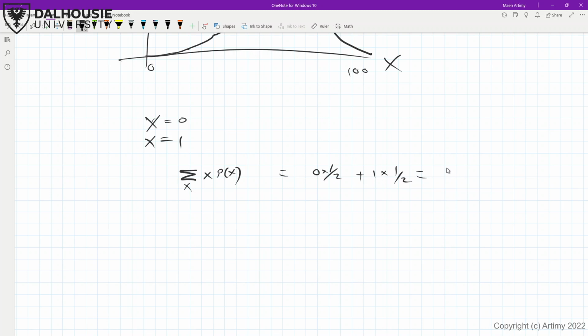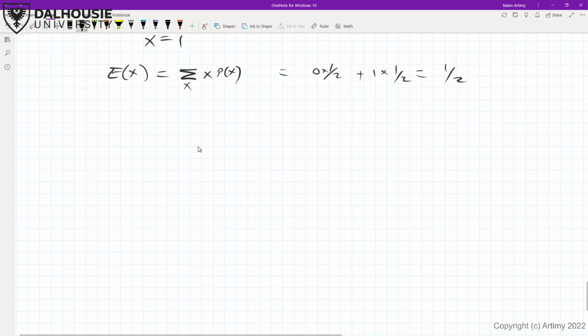So I end up with half. So the expectation is half. You think about it, if I toss the coin 1,000 times, the number of heads will be close to 500. 1,000 tosses, 500 heads, right? The others are tails, right?